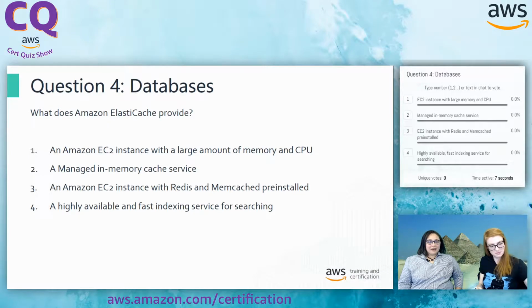Right, so Amazon ElastiCache. This is one of the AWS services that provides managed Memcached and Redis. And usually you'd use that for applications that require high performance, retrieving information from the data very, very fast.